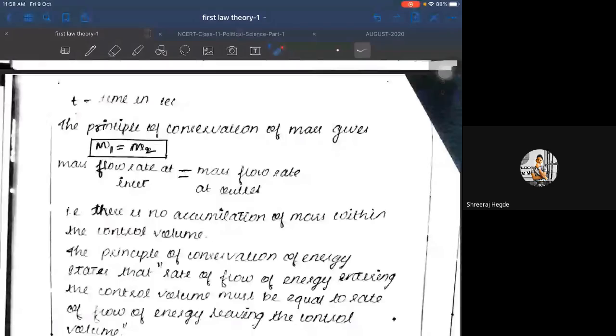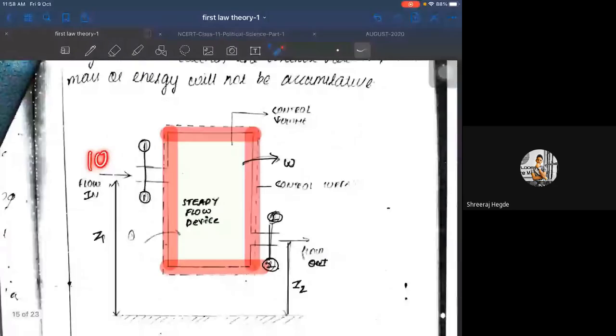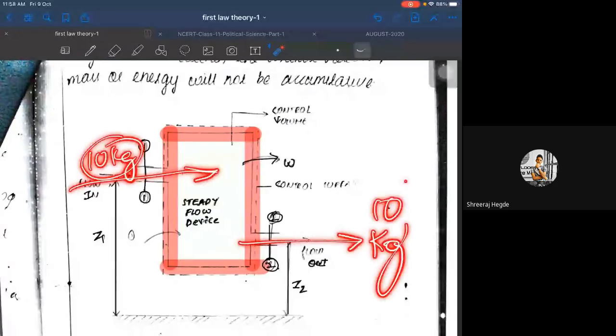The principle of conservation of mass states that m1 should be equal to m2. What does it actually mean? Suppose 10 kg of fluid is entering the system, at the outlet also you should expect the same 10 kg of fluid to leave the system.